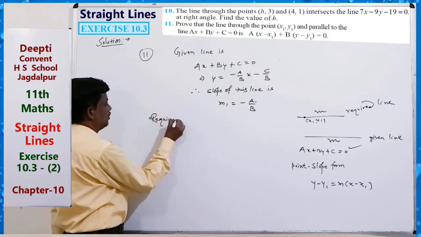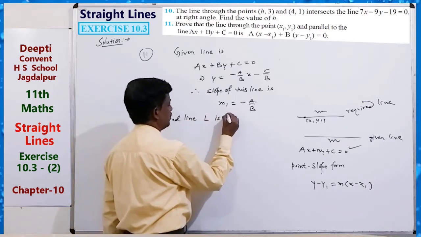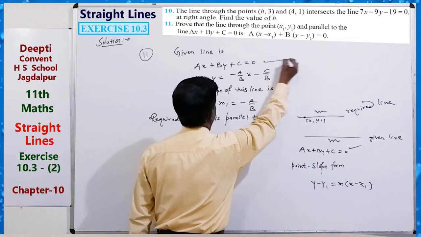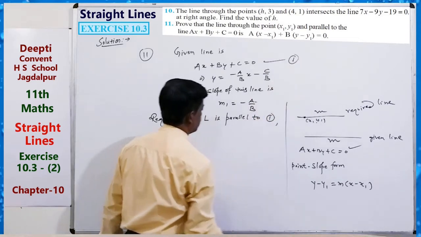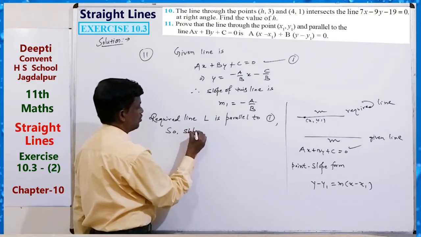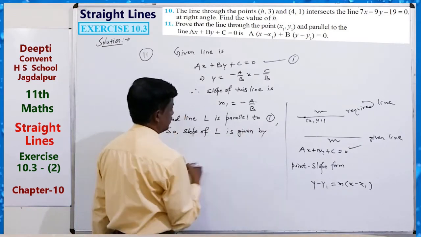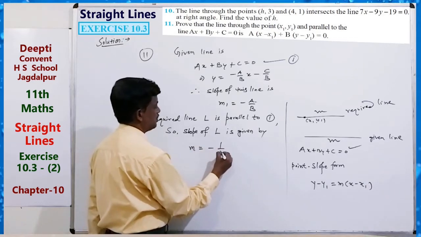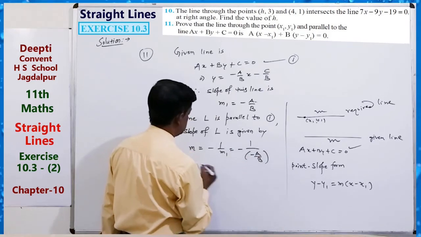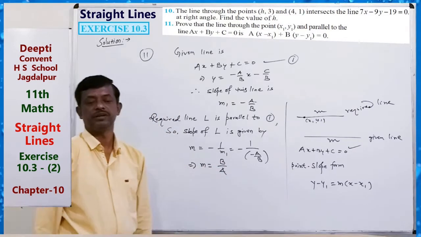The required line L is parallel to it, so the slope of L is given by m equals minus 1 upon m1, minus 1 upon minus a by b, which is m equals b by a.